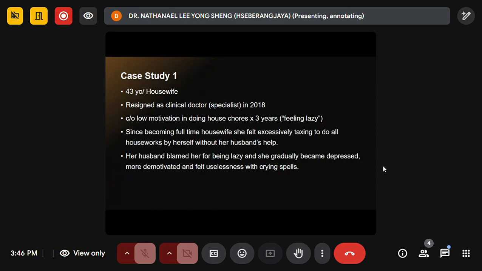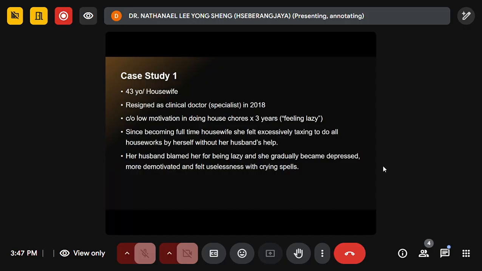When I explored further, she told me that before she resigned, the husband, who is a doctor in another field, would share the housework with her after their work when they were both working. But now, after she resigned, her husband refused to help, with the reason that she is already a full-time housewife, so she has all the responsibility to do the housework.